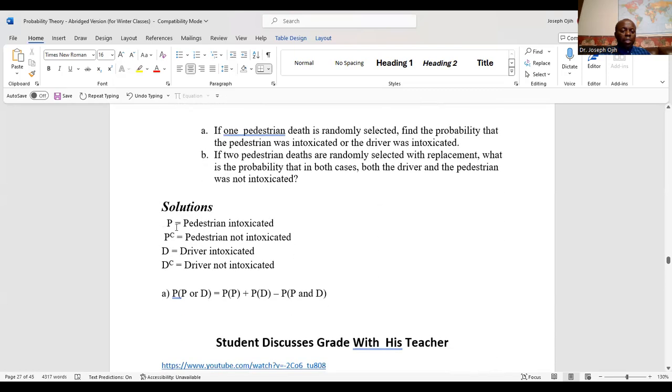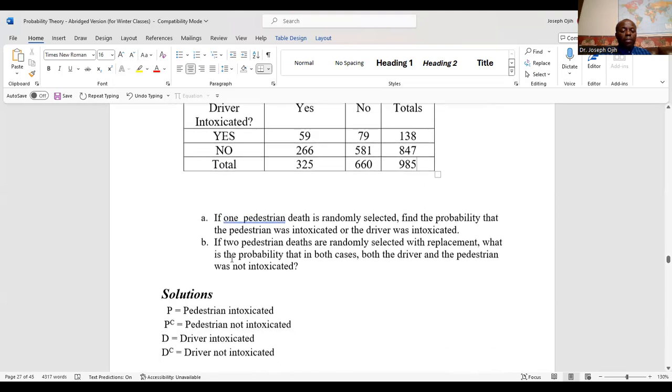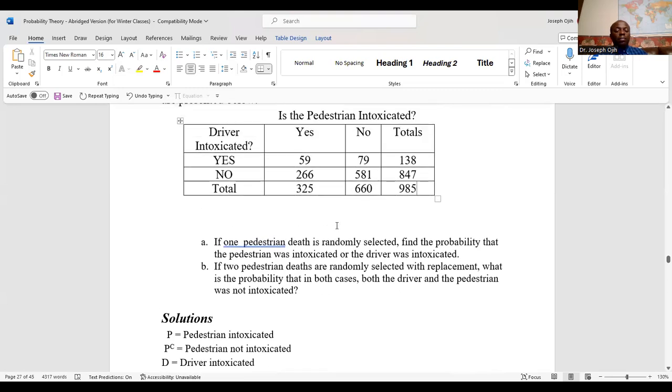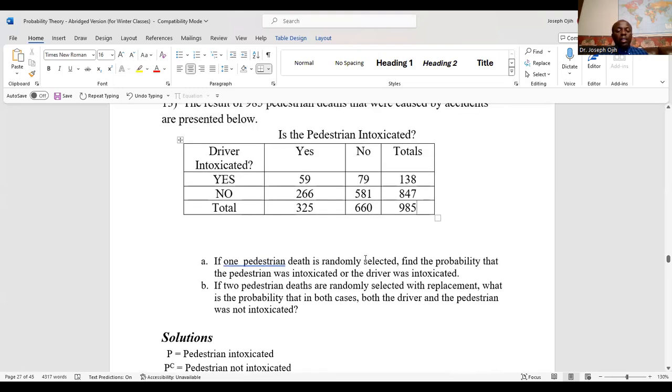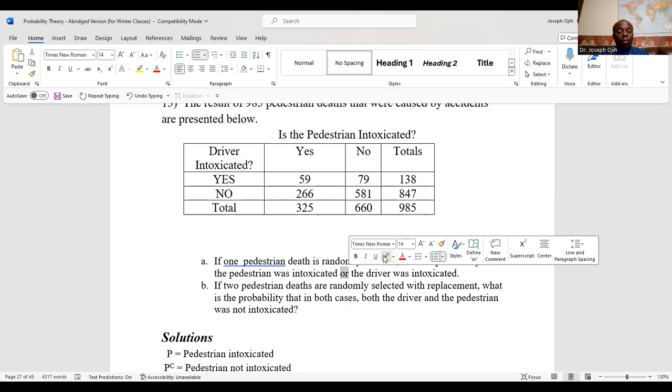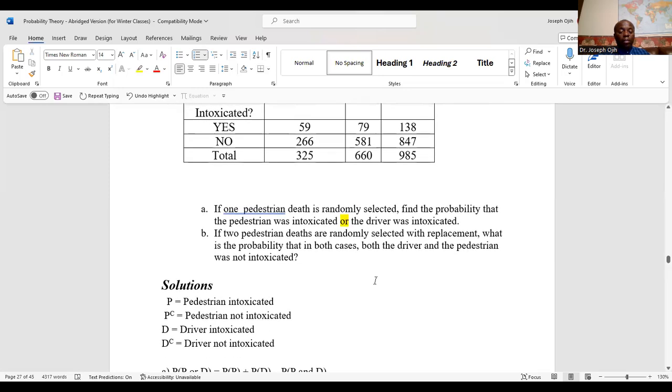So we use P to represent pedestrian was intoxicated. P complement means pedestrian was not intoxicated. D, driver is intoxicated, and D complement, driver is not intoxicated. The first question says, if one pedestrian death is randomly selected, find the probability that the pedestrian was intoxicated, or, see the keyword, or the driver was intoxicated.